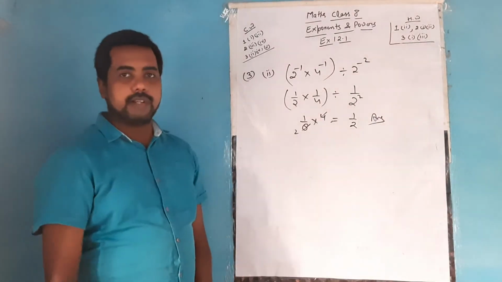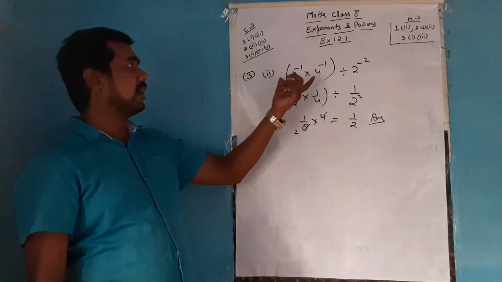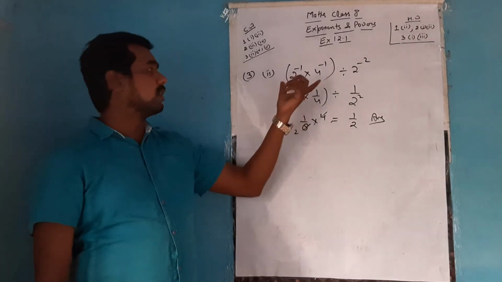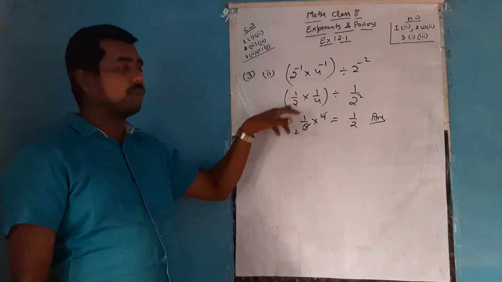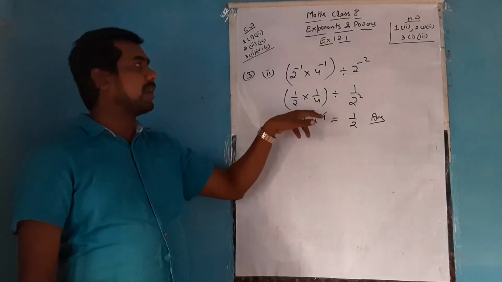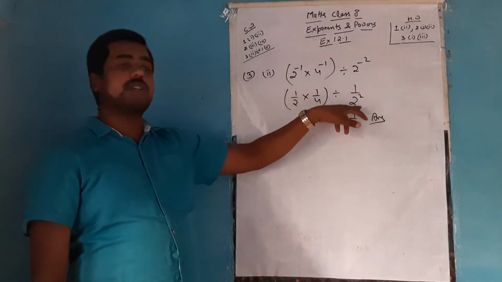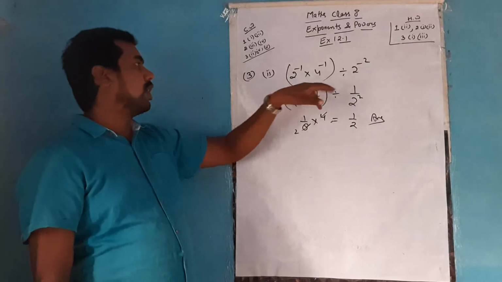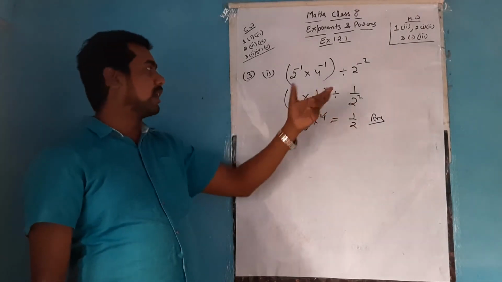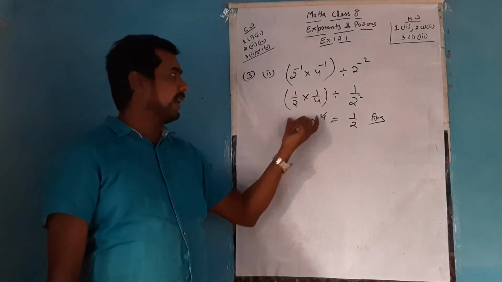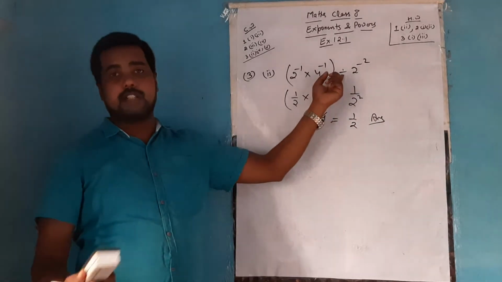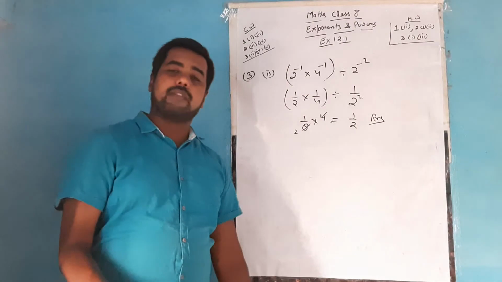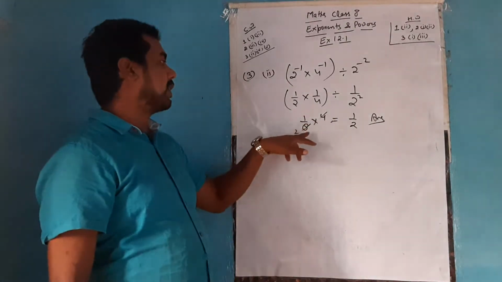I hope this must be clear. Repeating again, first negative exponent, write them in the form of positive. So 2 power minus 1 is 1 by 2, 4 power minus 1 is 1 by 4, and 2 power minus 2 is 1 upon 2 power 2. So now we have got the positive exponent. Now this simplified becomes 1 by 8, and when you convert divide to multiply, that will go to the numerator, that is 2 square in the numerator, and the value of 2 square is 4, that becomes 4 by 8.